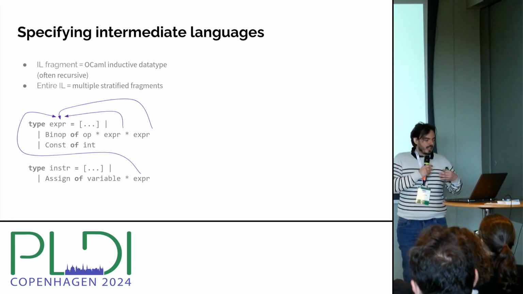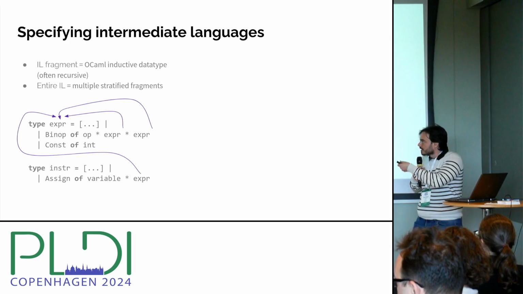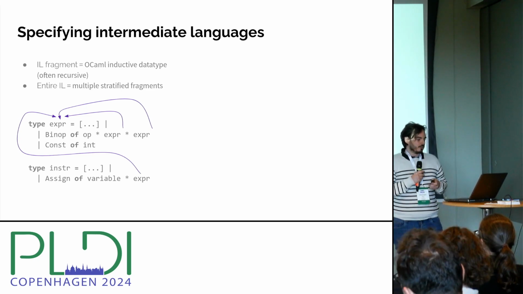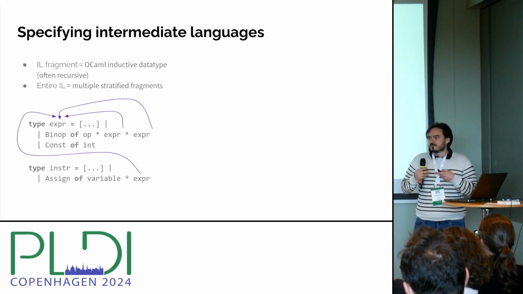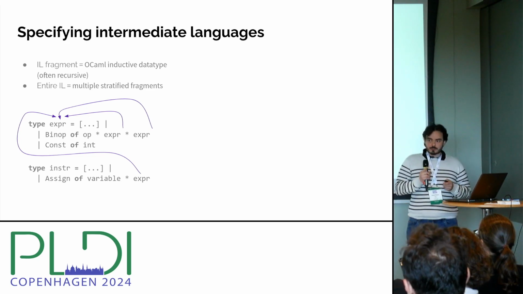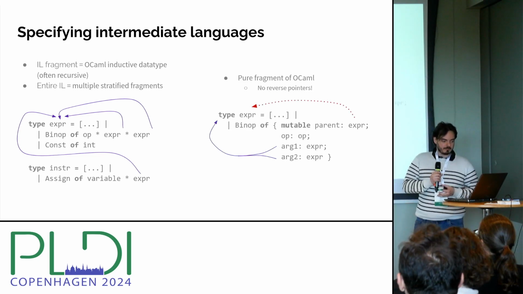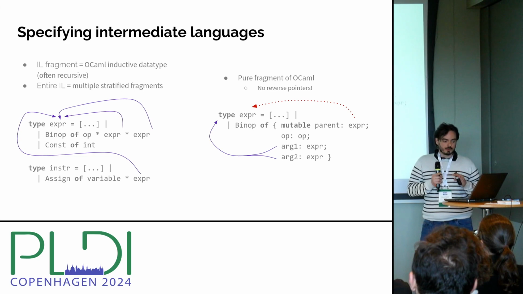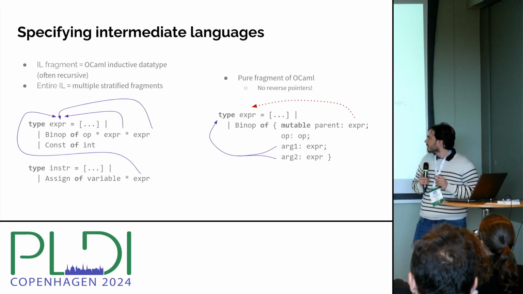And for example, here you have expressions within expressions, the subterms are themselves expressions, and so on. So you can have mutual types, you could have types that reference others, and so on. What we don't want in this fragment is mutable state. So we want a pure OCaml fragment, we'll see later why.